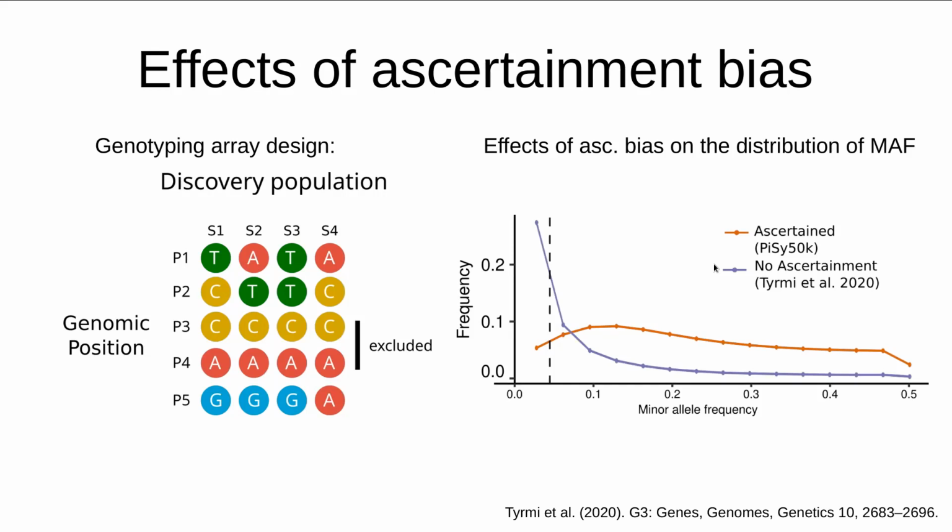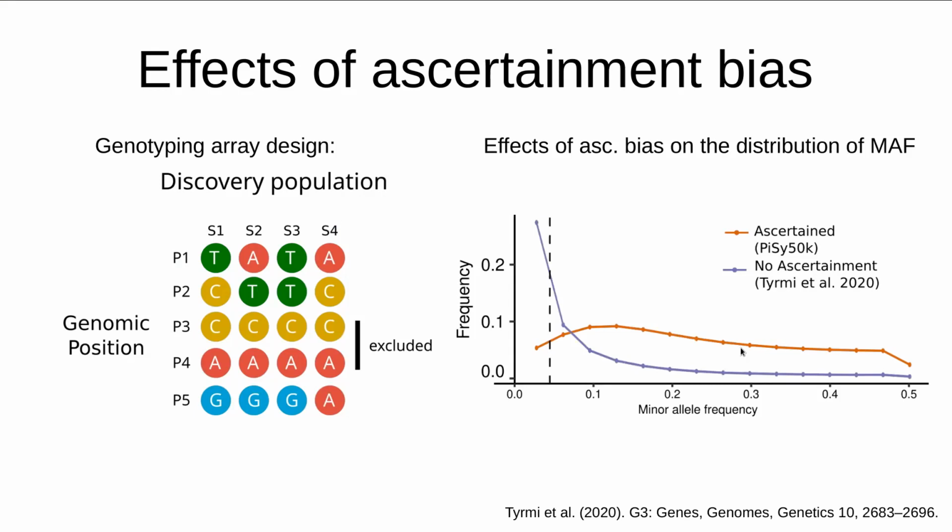In purple, obtained without ascertainment from exome capture data, and in red with an ascertainment using the genotyping array, the PC50K. And the difference, as you can see, is that we miss a large amount of rare alleles with ascertained data, and we measure an excess of alleles at intermediate allele frequencies.